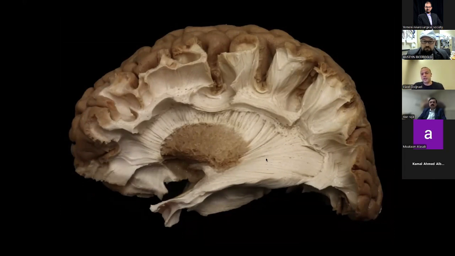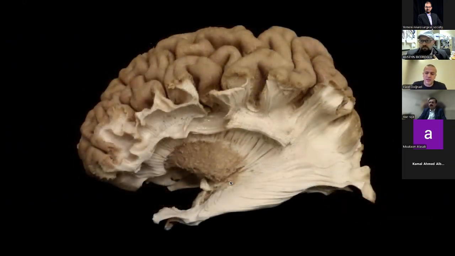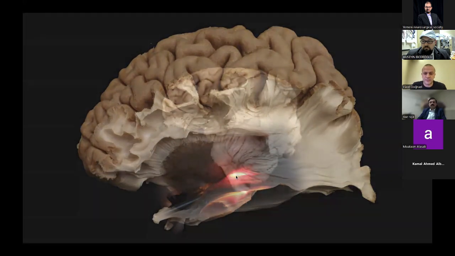These are all joined here to the temporal lobe, also named the sagittal stratum, a dense white matter tract. These are all inferior and lateral to the insula. In a deeper part, here we can see the optic radiation fibers with the putamen. And this shows the temporal horn of the lateral ventricle, just for orientation with the insular cortex.